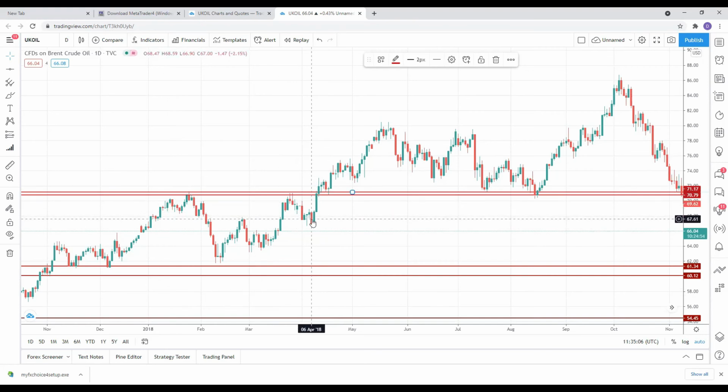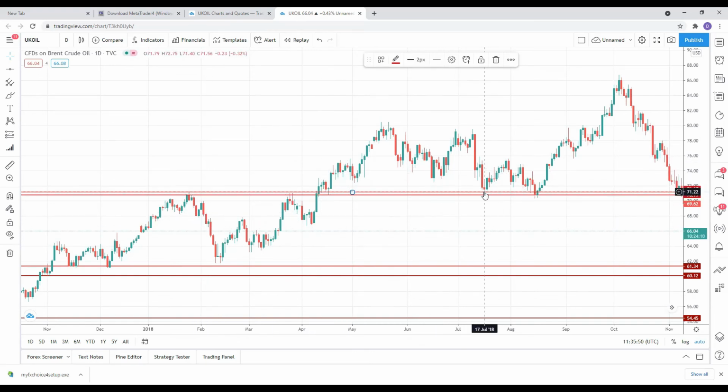This happened right here. The price of the asset broke resistance and then bounced off the area that was previously resistance. Resistance is now acting as support. The price of the asset went up, broke resistance, bounced off resistance, resistance acts as support, and then the price of the asset goes up.